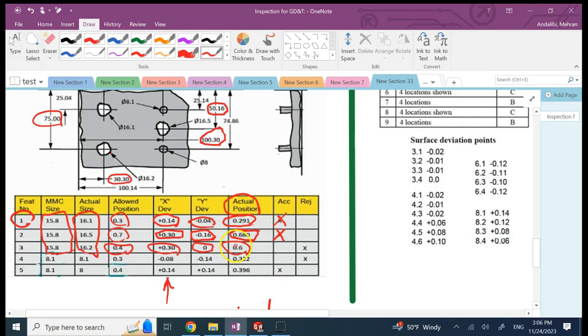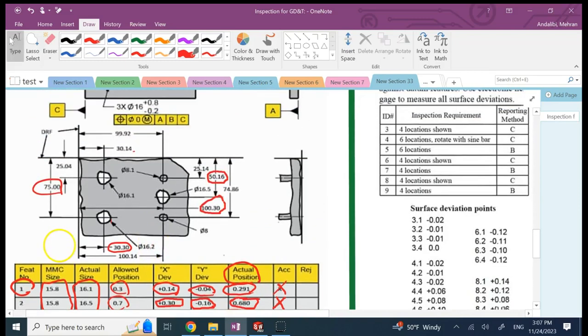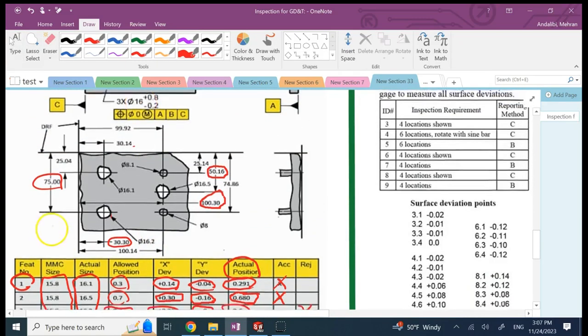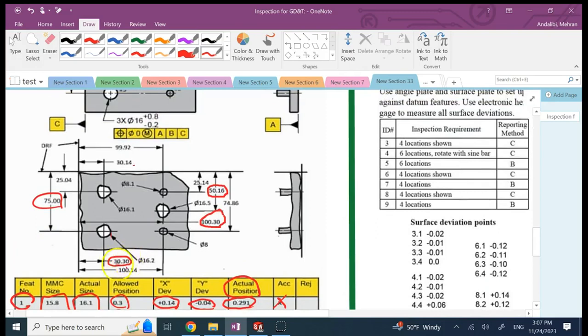And this is bigger than 0.4, so hole 3 is drilled wrong. The dimension of it is good, but the position of it is too much off. The reason is it's made close to the nominal dimension, but the x deviation of that is too much.